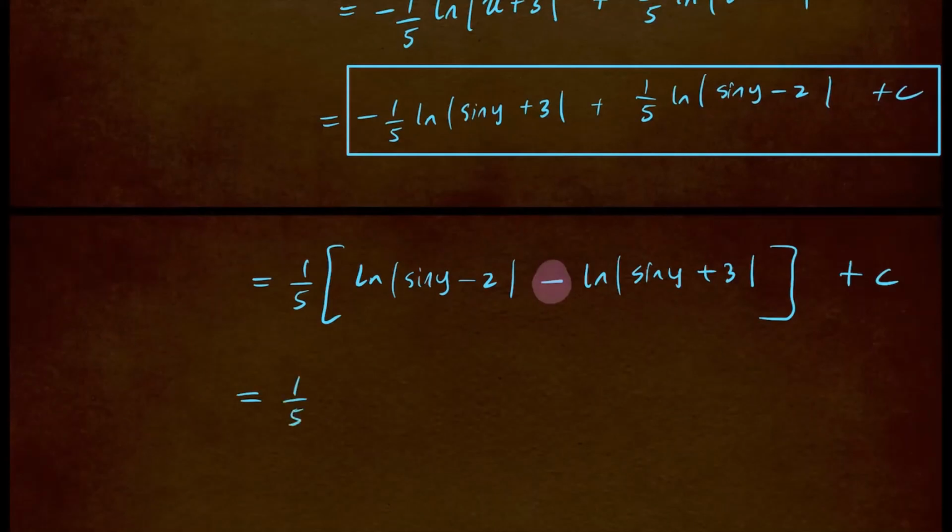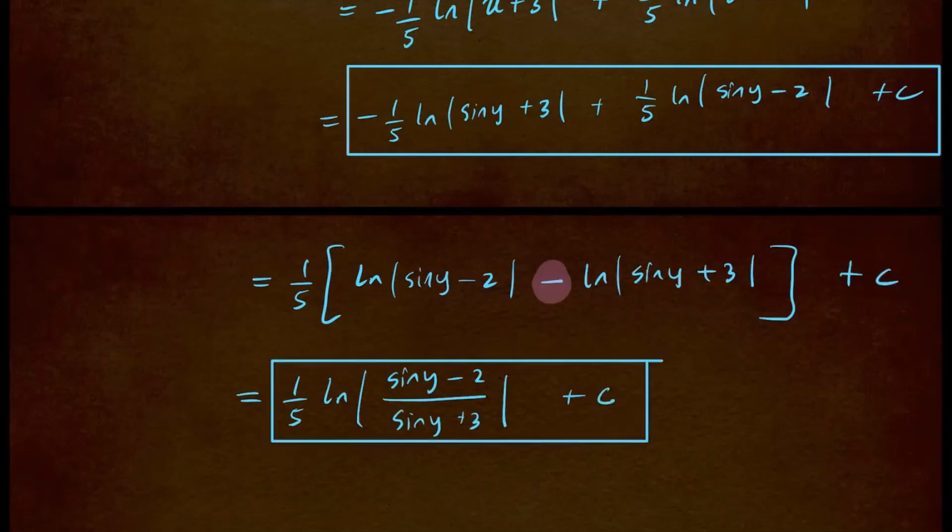So you have 1/5 ln of sine of y minus 2 over sine of y plus 3 plus C. That's another way to express the same answer, just playing around with laws of logarithms.